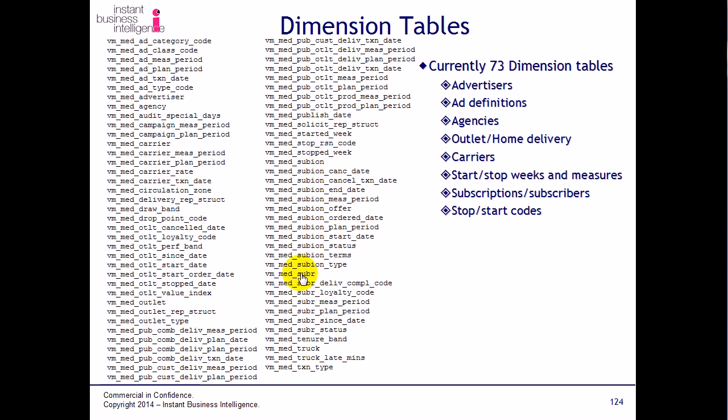The subscription as opposed to the subscriber. So the subscription and all this information about the subscription. So the subscription offer, the subscription status, the subscription terms, and the subscription type. Now we called it Subion because you can go crazy saying the word subscription versus subscriber in a newspaper or a magazine.